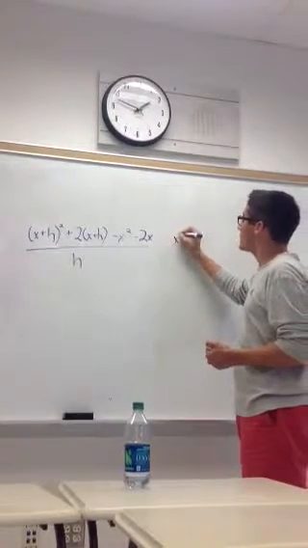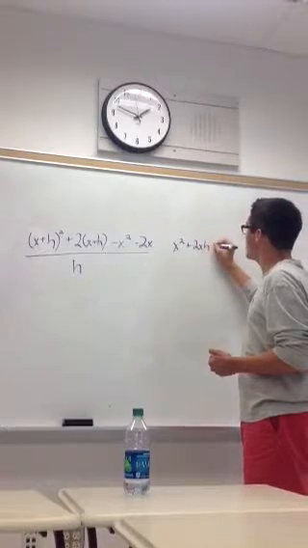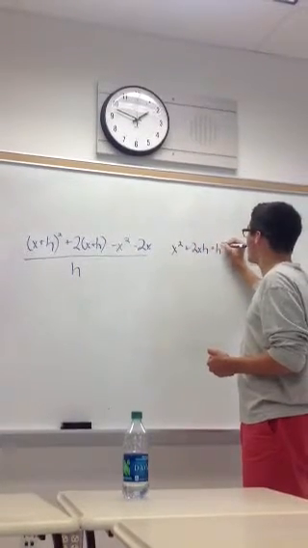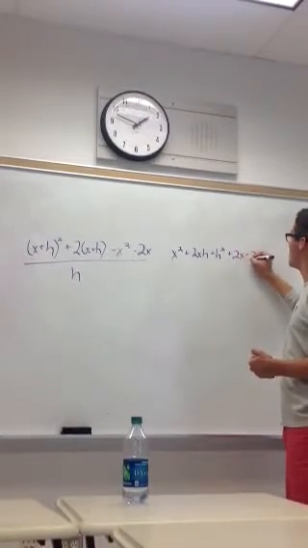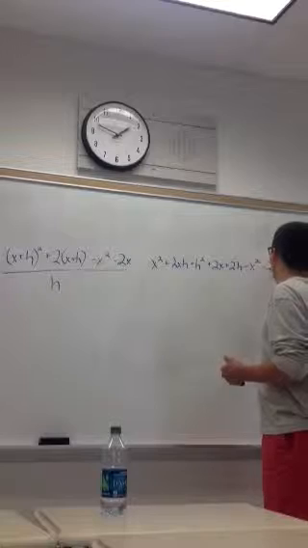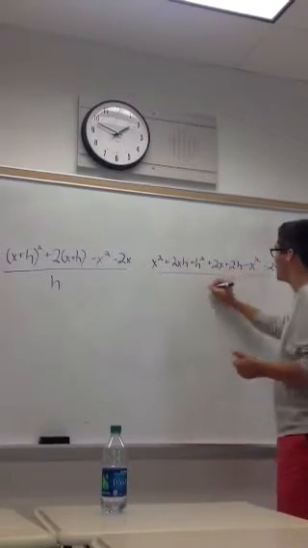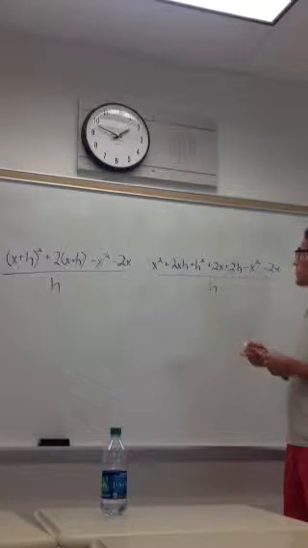So we get x squared plus 2xh plus h squared plus 2x plus 2h minus x squared minus 2x over h. Now we have some like terms up at the top, so we can cancel those out.